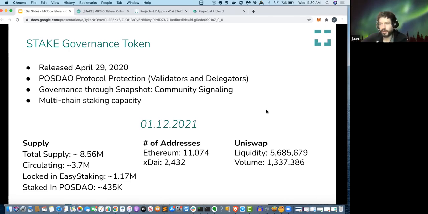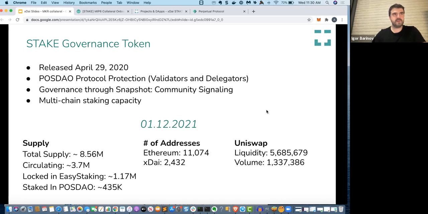Regarding, I don't want to call it revenue, but the rewards: are the fees that are consumed being distributed among validators? Yeah, so there is a variable defining the maximum APR from all staked coins.